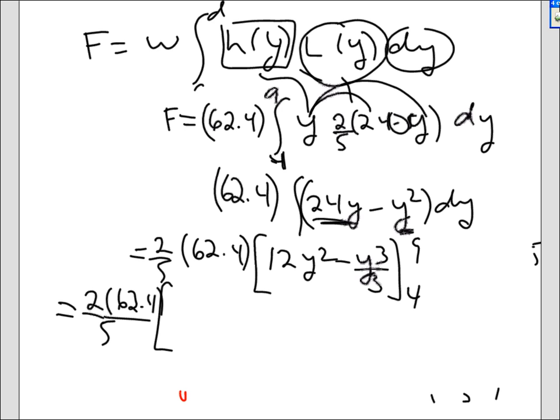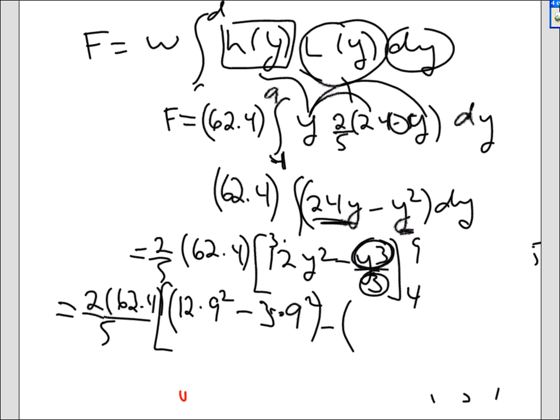And now I plug 9 in. So I get 12 times 9 squared. Now, when I plug in 9 cubed, I have 9 squared times another 9. Well, that 9 divided by 3 is 3. Minus, now I plug in 4.